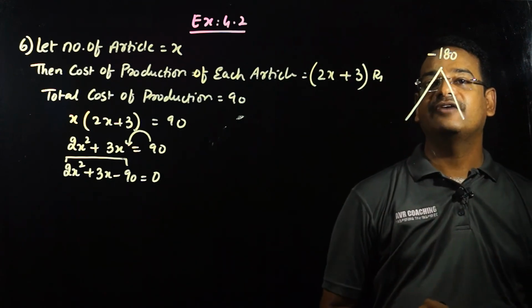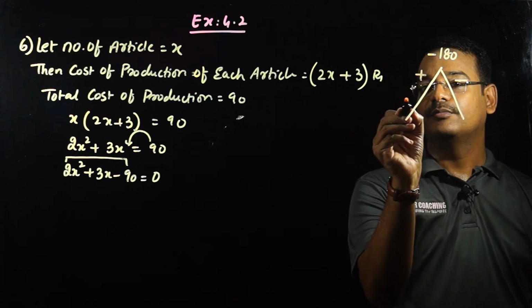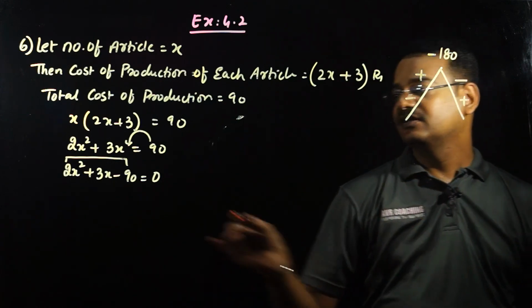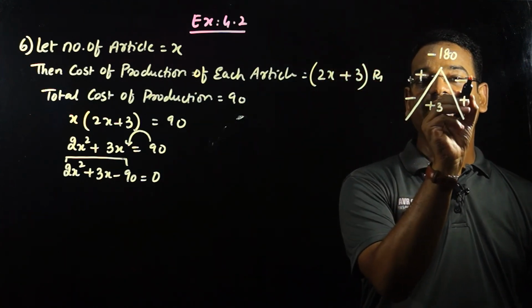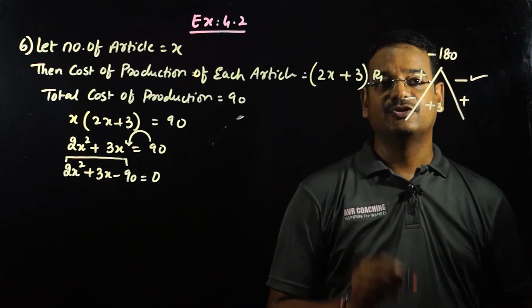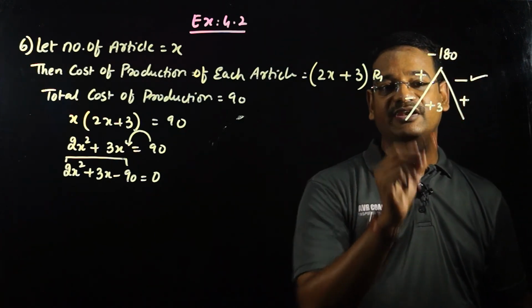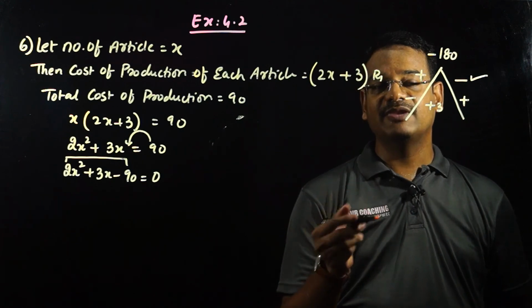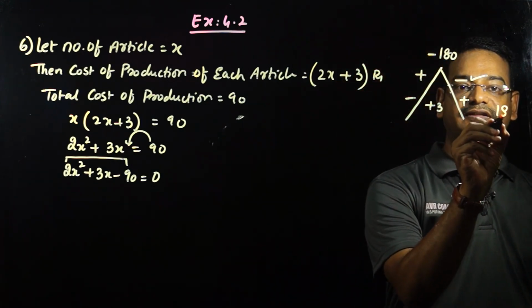Since we are having a negative term here, we will get plus into minus or minus into plus. Since the middle term is plus and the number is 3, we have plus into minus. So 180 has to be divided in such a way that when we subtract, we'll get 3, and when we multiply, we get 180.